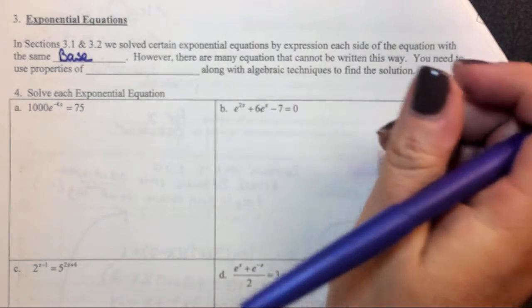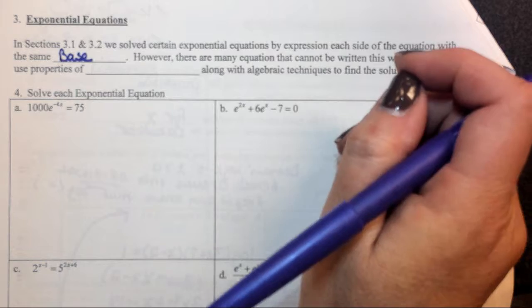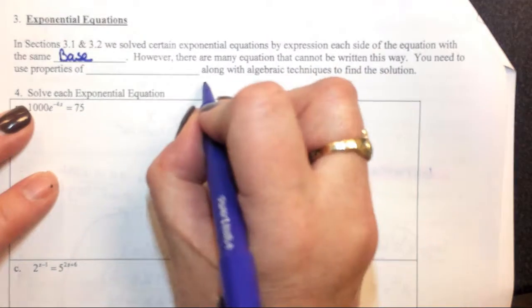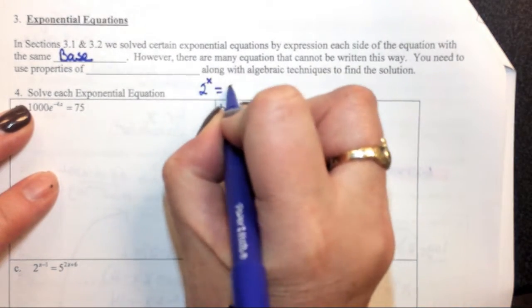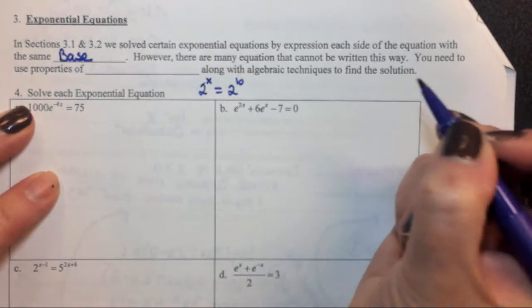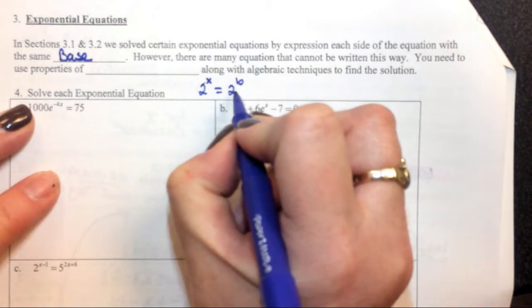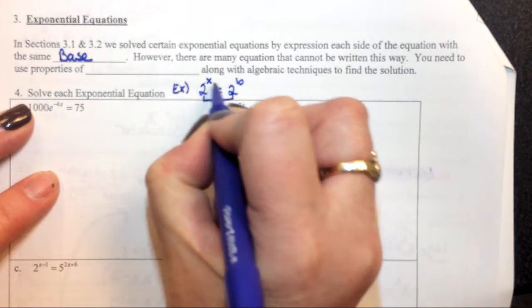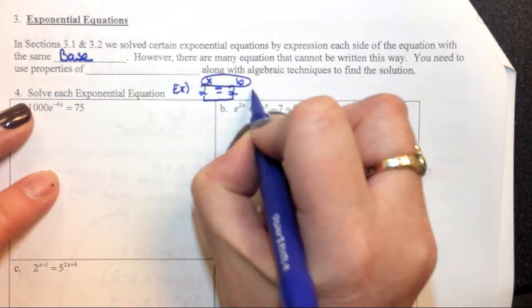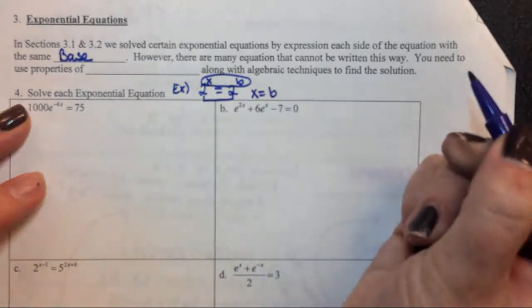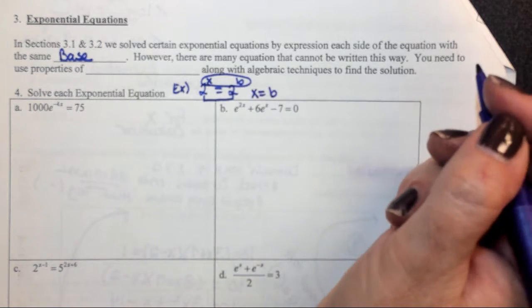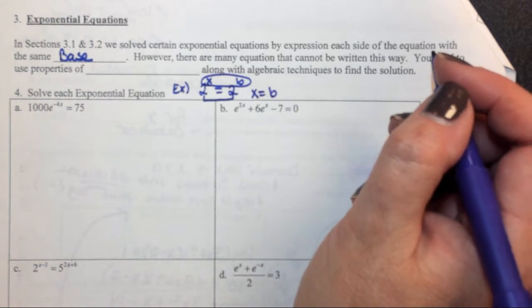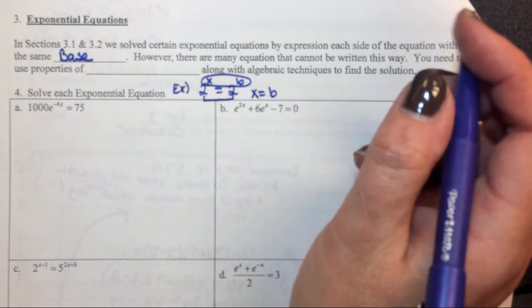If the bases are the same, for example, in this case 2, it has to be true that the exponents can be set equal to one another. So one goal when solving exponential equations, if you can, is to get the bases equal to one another.